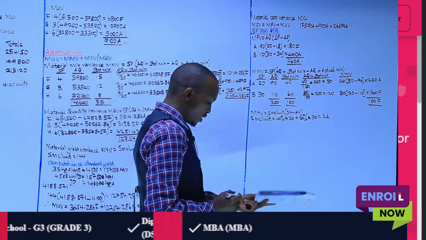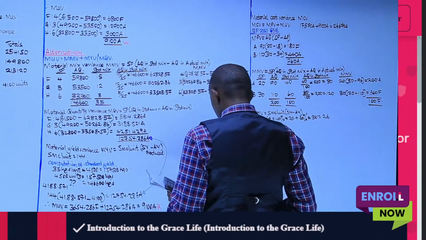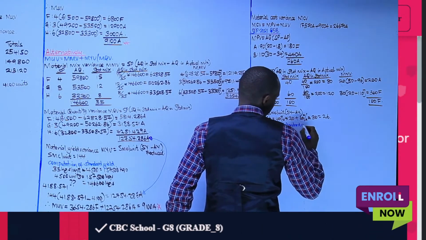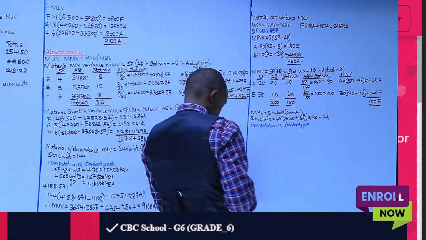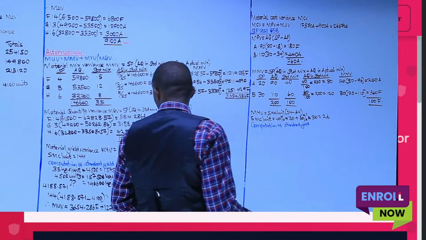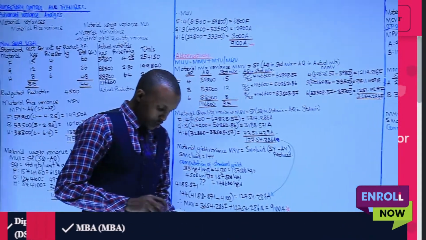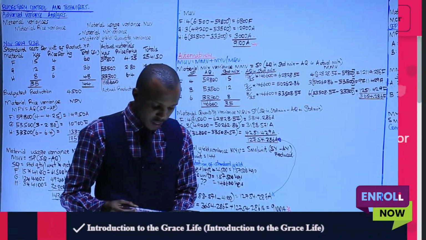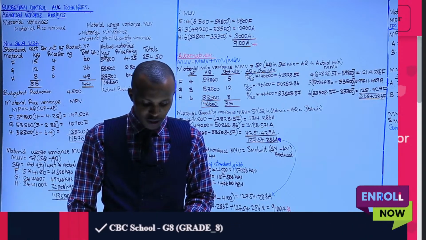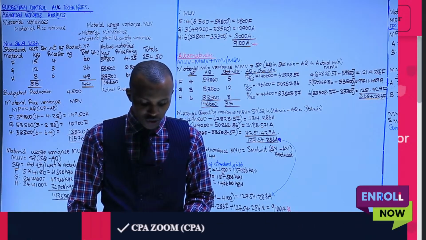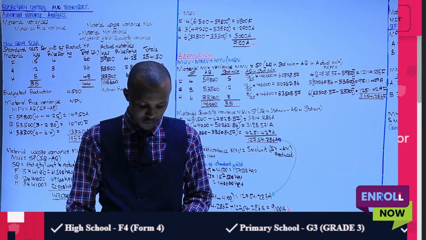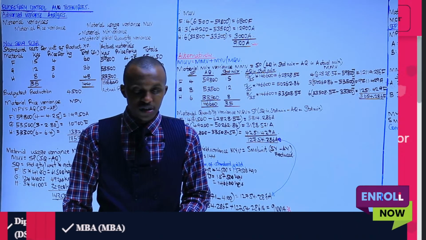Let's determine our standard yield. Now they were saying the standard cost of a certain chemical mixture is 40 and 60, and a standard loss of how much? 10% is expected during production. Okay, so this is what we do here.